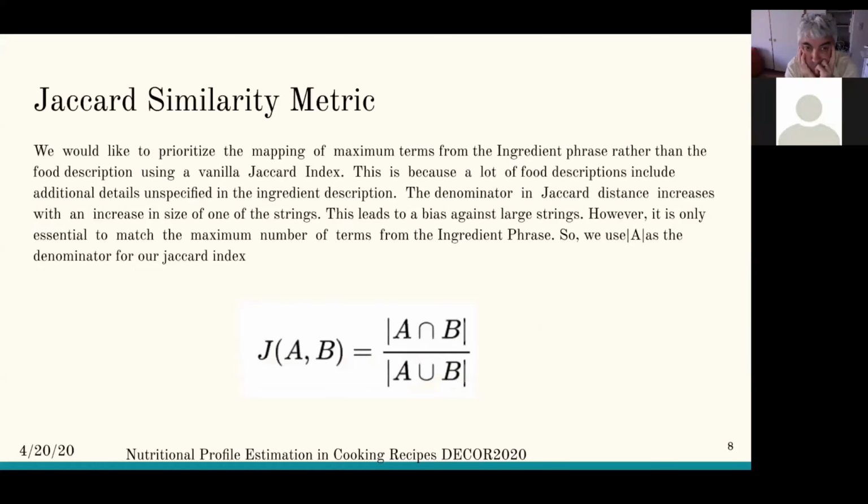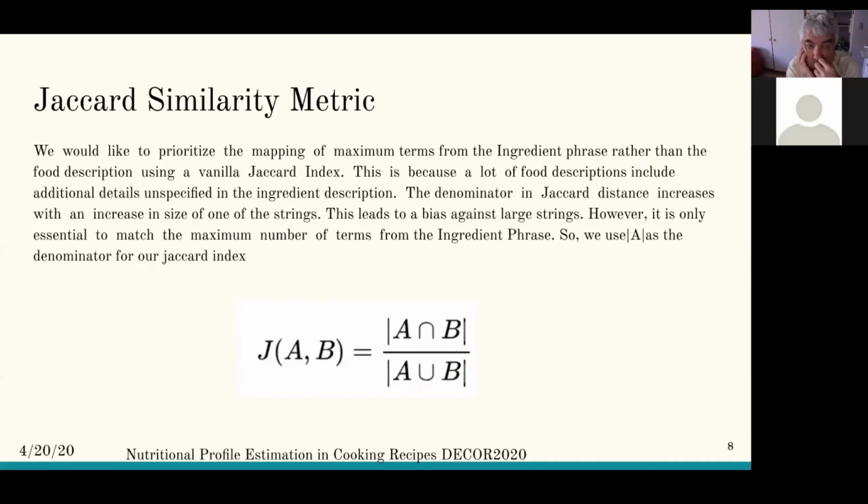Because of that, if we had not considered this, what was happening was that the denominator in Jaccard distance increases with the increasing size of one of the strings. So what this leads to is a bias against large strings.